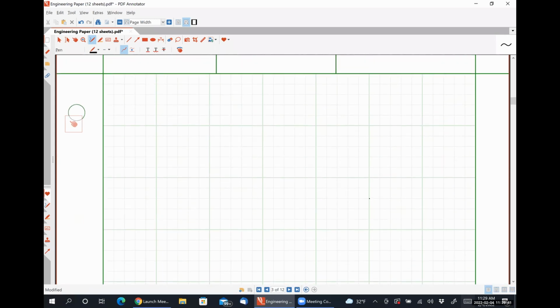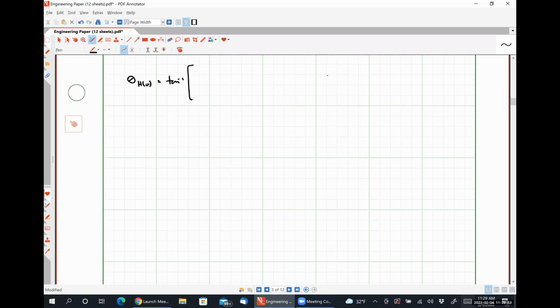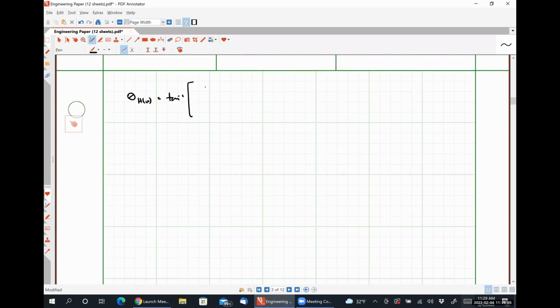We're going to see now that our phase response, theta H of omega, is the arctangent of the imaginary part, which, let me find that real quick. Omega RC times 1 minus omega squared LC divided by, I'm just going to write down the denominator here.